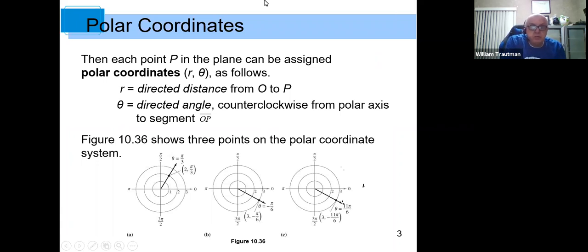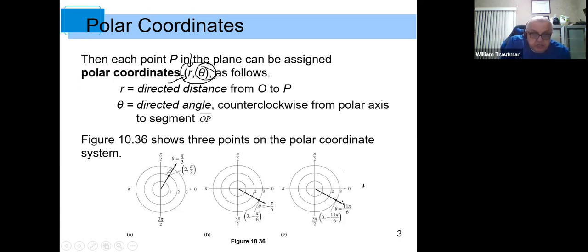All right, when we're looking at polar coordinates, if you remember, we did this in pre-cal. The first part of a polar coordinate is the distance you are from the center. That's the R. And then this is the angle you are from the x-axis.